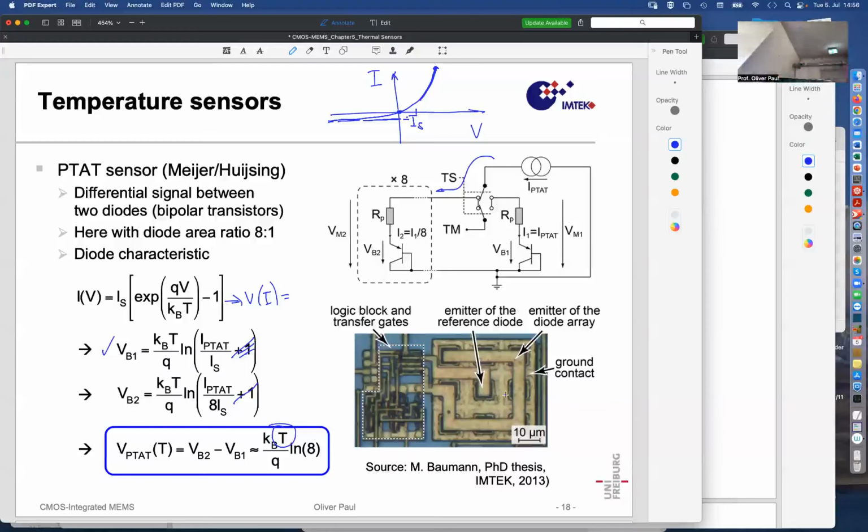Sensors are never identical, or diodes are never identical. So there may be a gradient of properties from left to right, or from top to bottom. So maybe the left diodes may have slightly smaller IS than the right ones, and the middle ones maybe have the same, or in the other direction. By having this arrangement, we are doing an average over a slope.